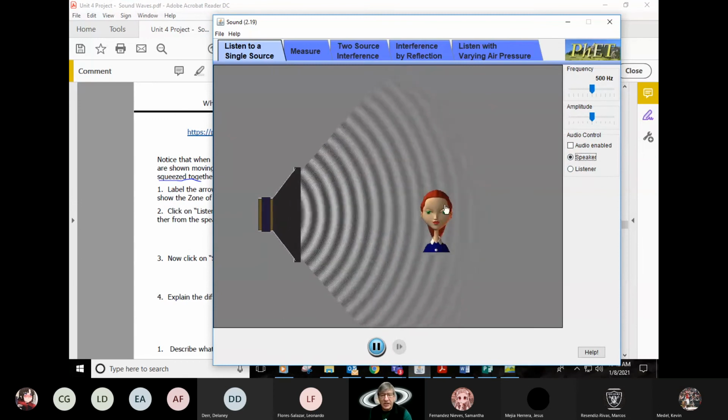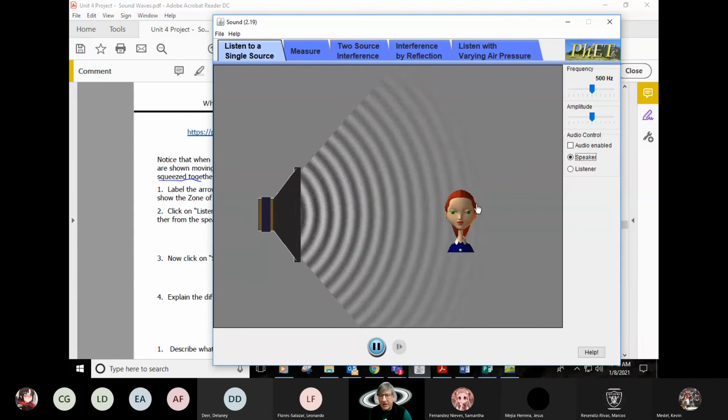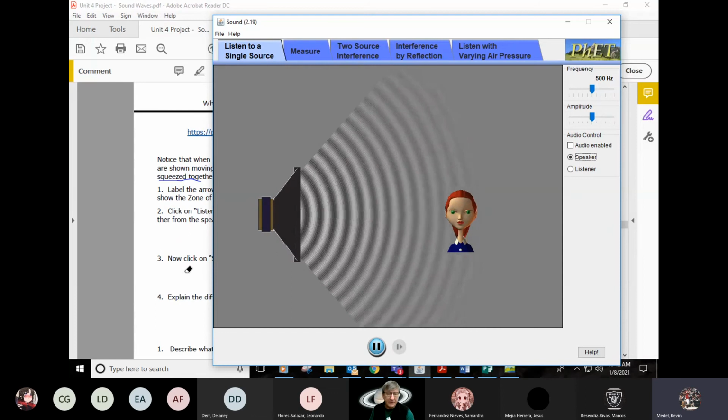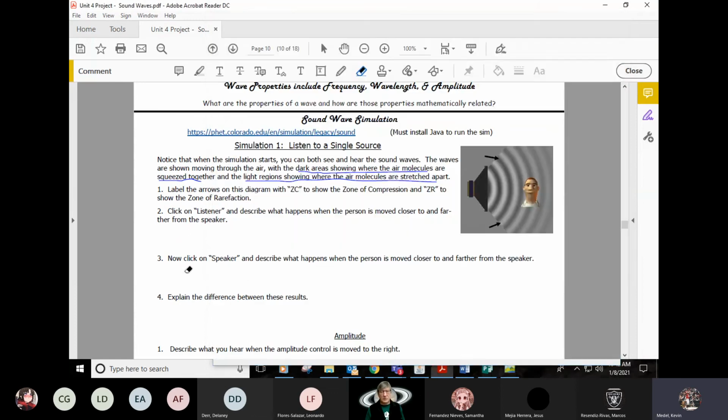Yeah, it's going to get louder and quieter, right? But when I put the microphone right here, does it really matter where she is? No. If the microphone is right there, this is question 3. What is a speaker? And describe what happens when the person is moved closer to and farther from the speaker.